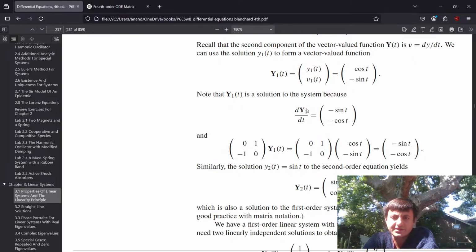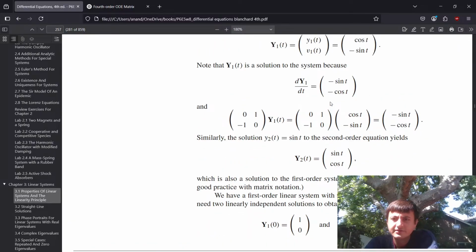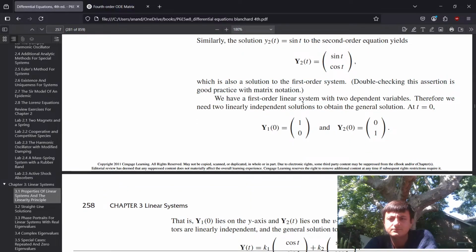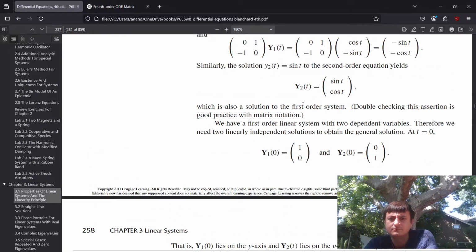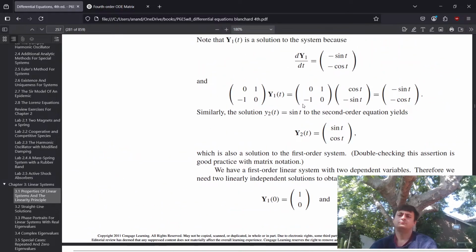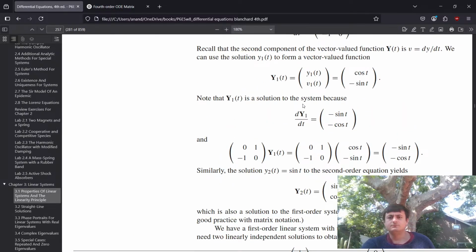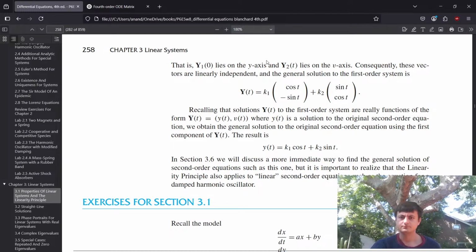Okay, they do this, and they show that that is a solution. And then they have another solution, which is just sine, cos instead of cos, minus sine. Okay, so then they find the general solution to the undamped harmonic oscillator.